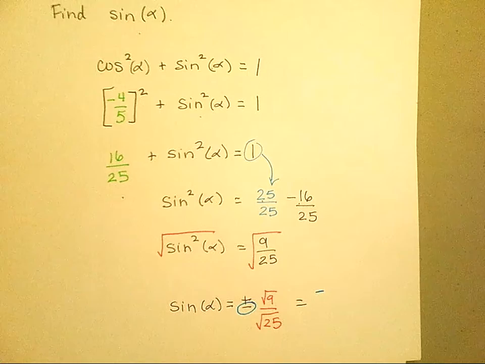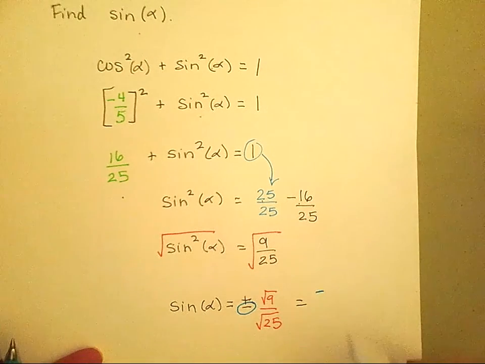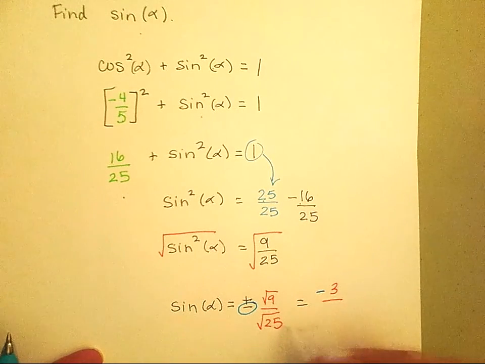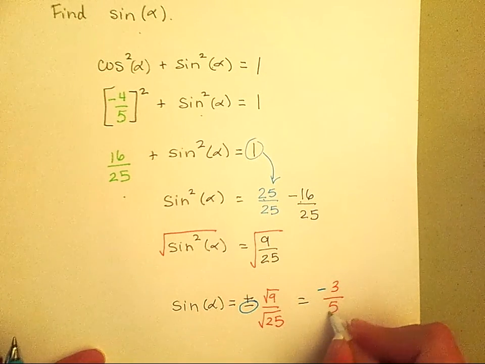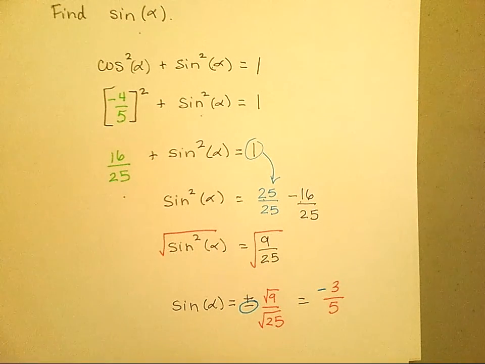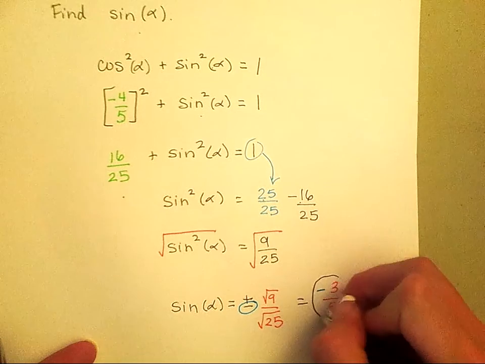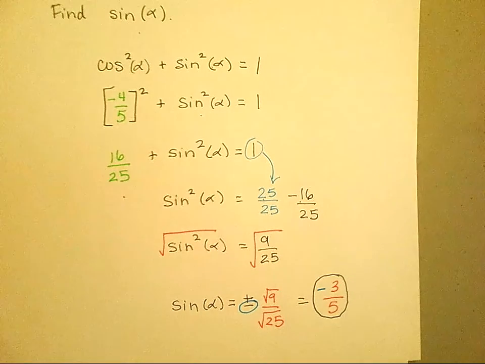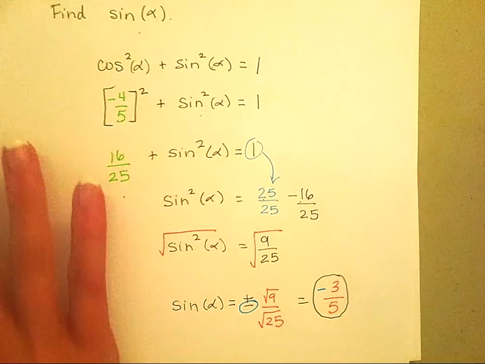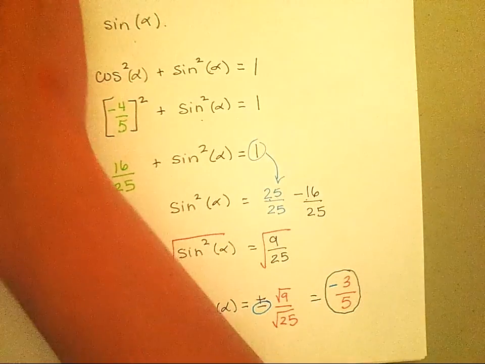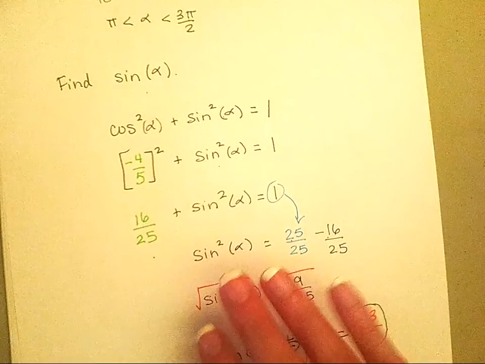Okay, so this becomes negative, and now the square root of 9 is 3, and the square root of 25 is 5. I hope that makes sense. So that's how you do these types of problems.